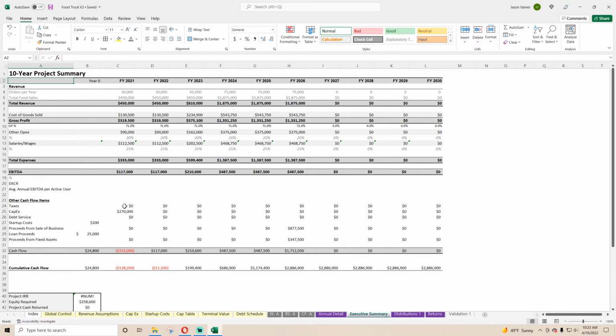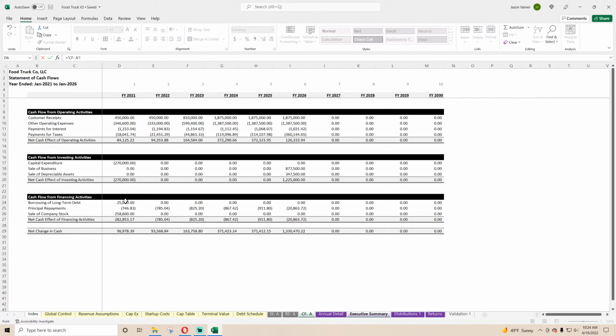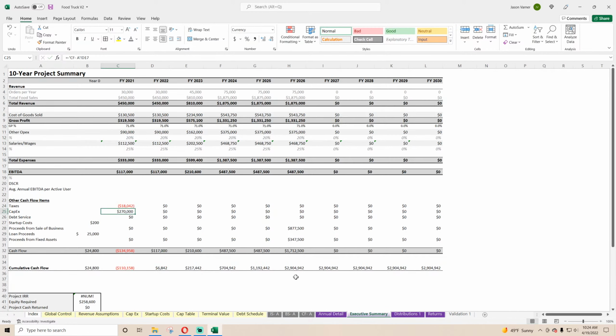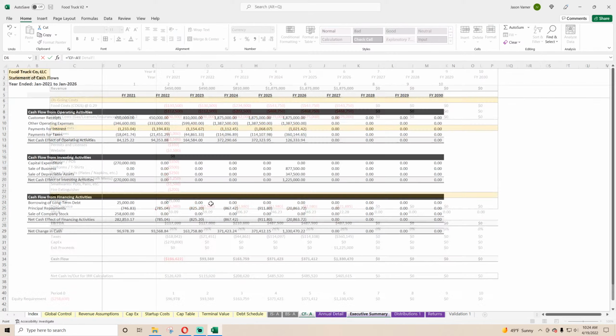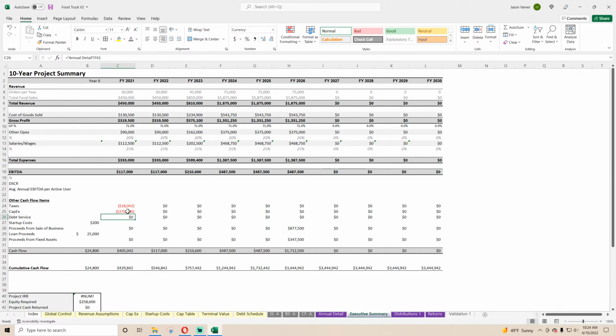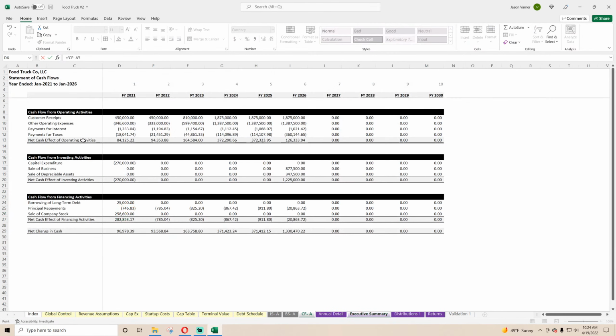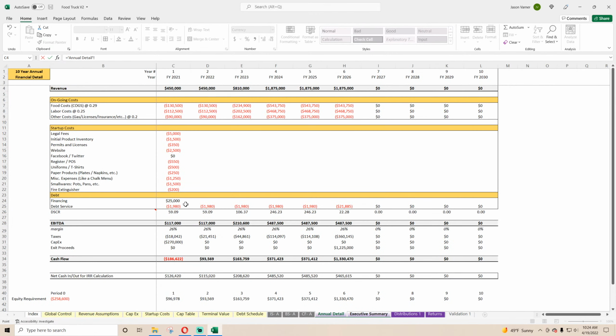Okay, so other items, taxes. We've got that. CapEx, we're just going to pull from the cash flow statement. Debt service, we have that here.